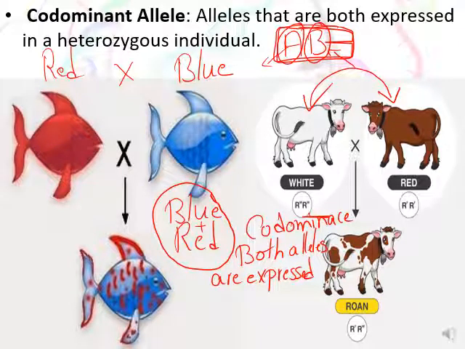Keep it in your mind: codominance is when both alleles are expressed. For example, a black dog is crossed with a white dog. The result will be, for example, a white dog spotted with black spots. So this is also the case of codominance, where both alleles cooperate and are co-expressed.